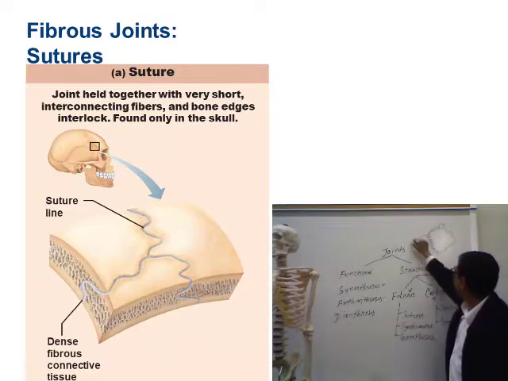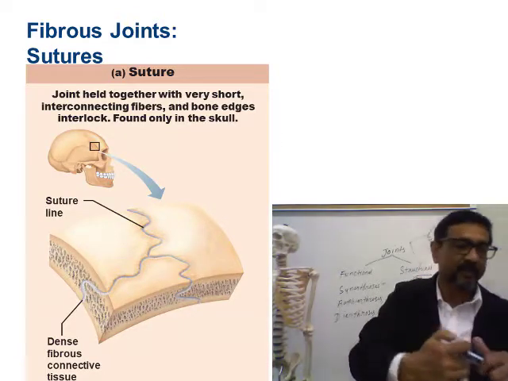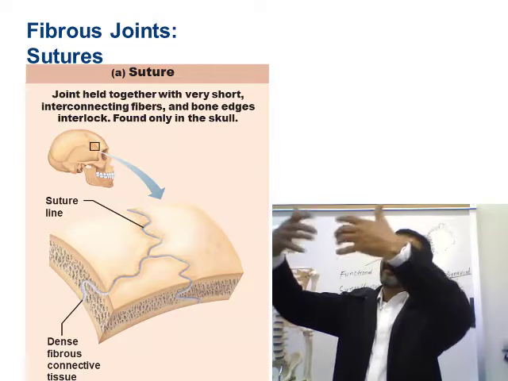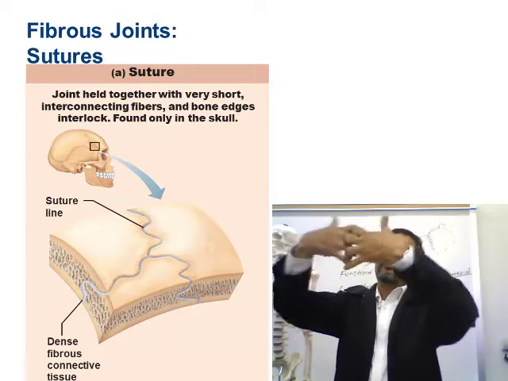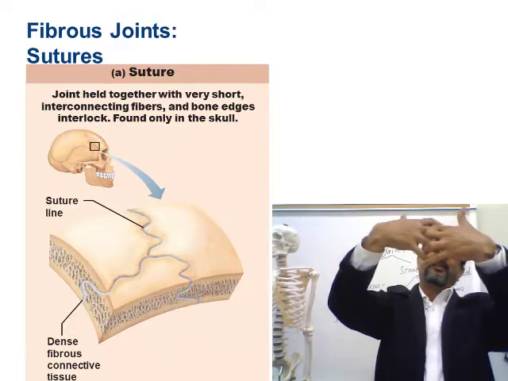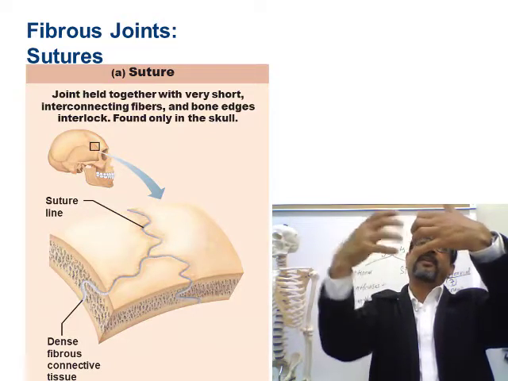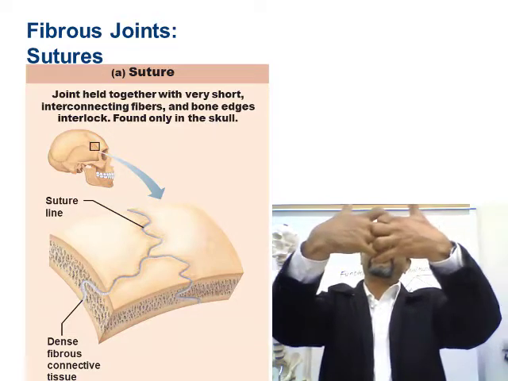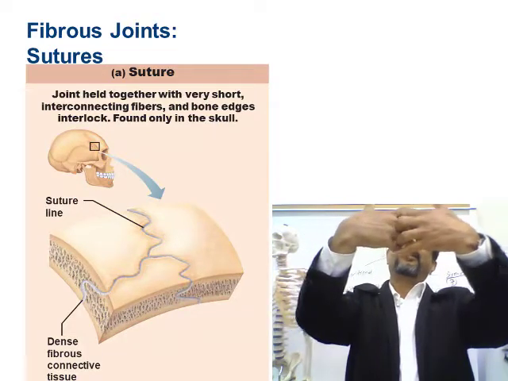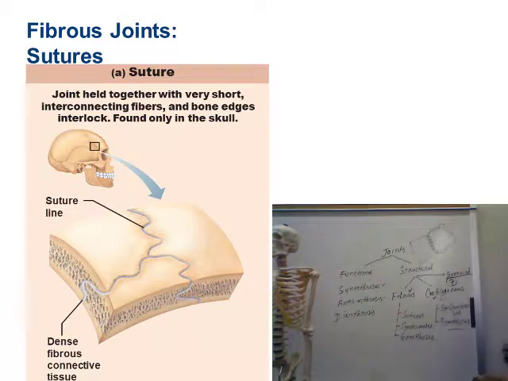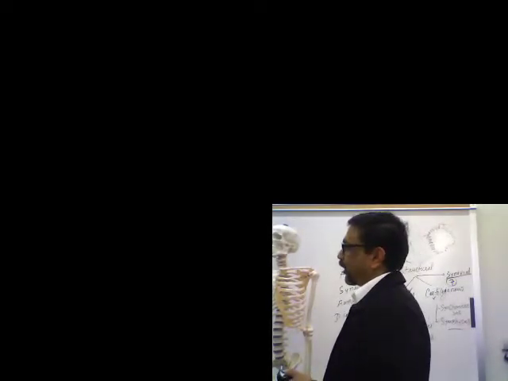So they interlock like this. This is the border of one bone, this is another. And short connective tissue fibers connect the bones together. So here the space is filled by very small short connective tissue. So you see there the sutural joint.